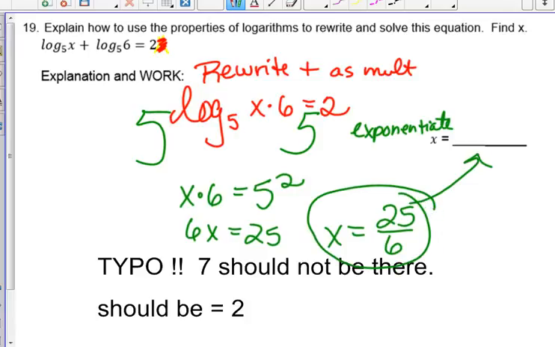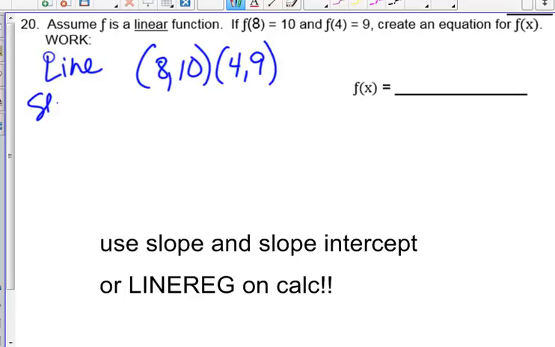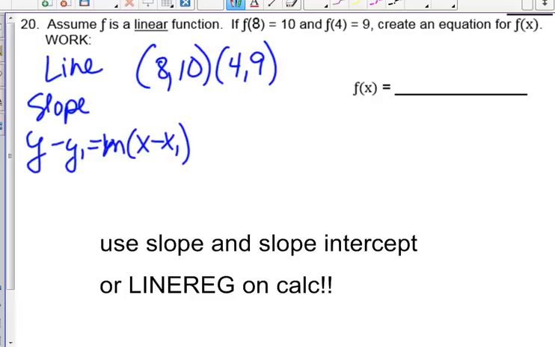Okay. Two ways to do this question. We've had this since the beginning of the year. This is basically asking you to find the equation of the line through those 2 points. So you need to find the slope and then use point slope maybe. So if I find the slope, it's change in y over change in x, which is 1/4.